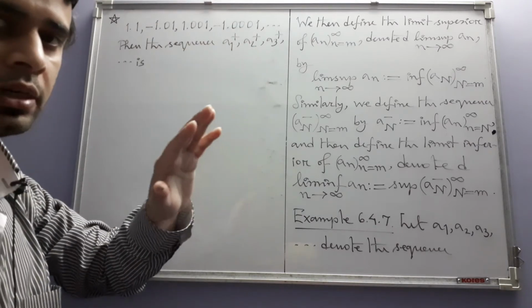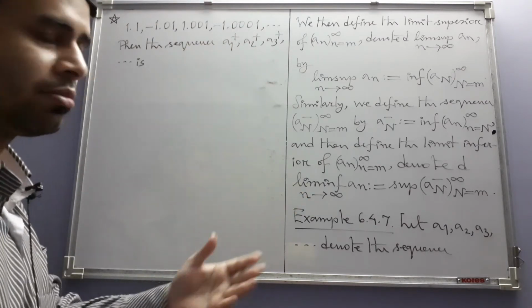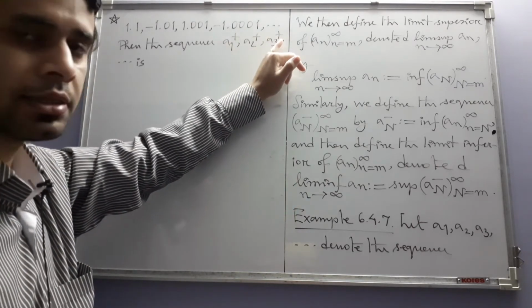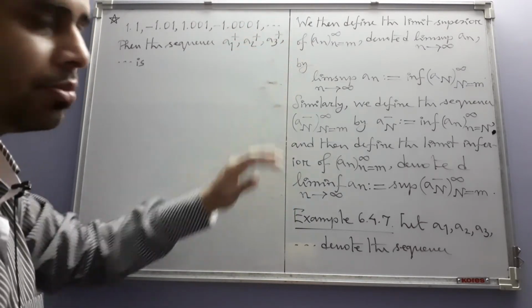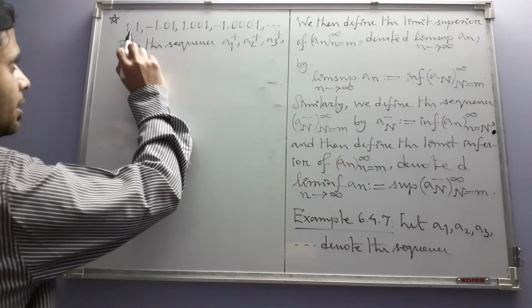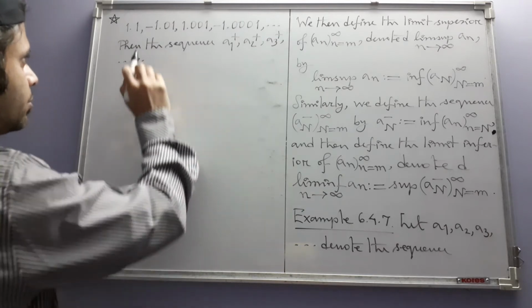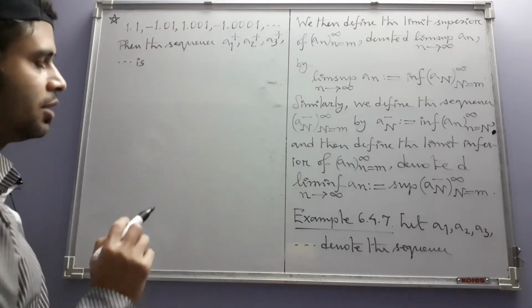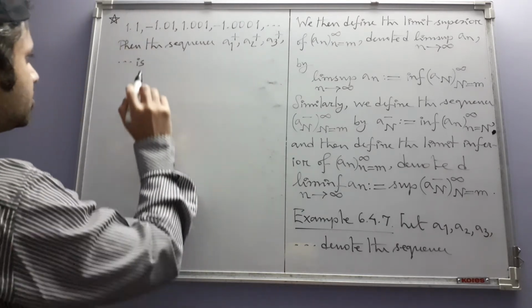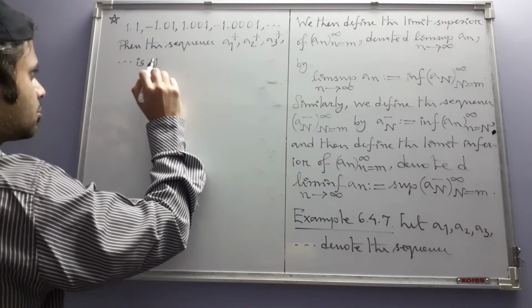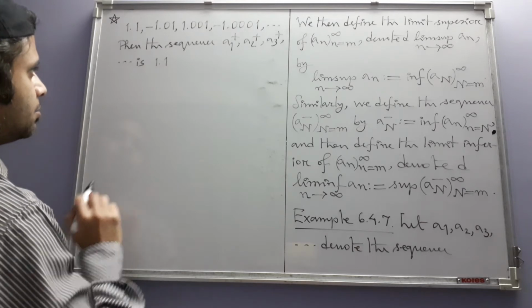A1 plus is by definition the supremum of the entire sequence. Keep in mind that since we have classes, we are calculating supremum. So in the entire sequence, we have seen before that the largest term is 1.1. So that is the supremum. So it is 1.1.